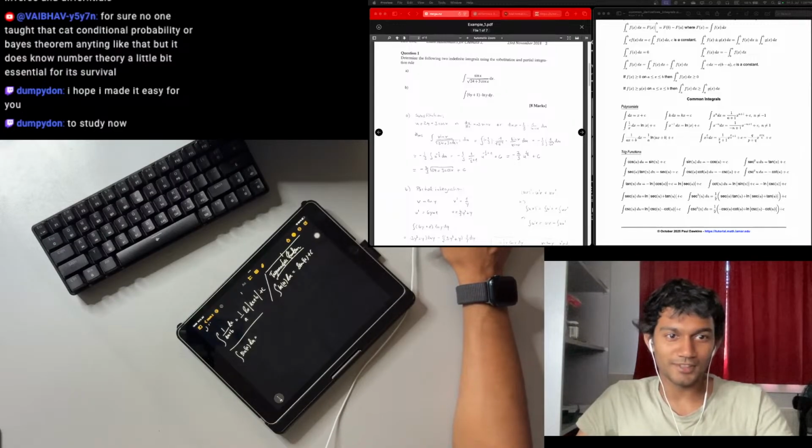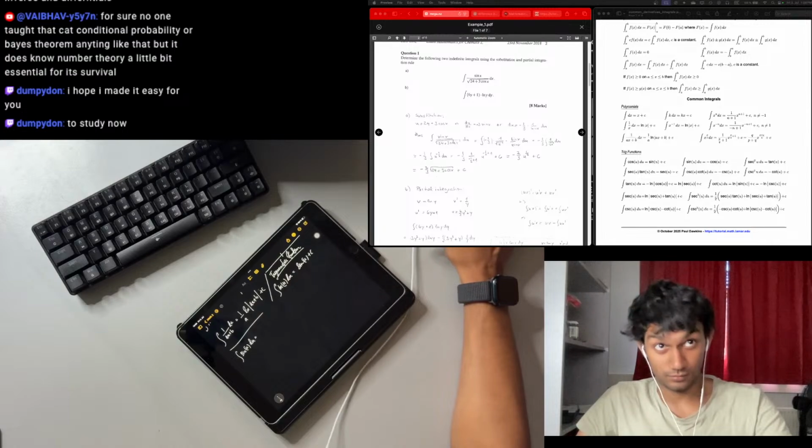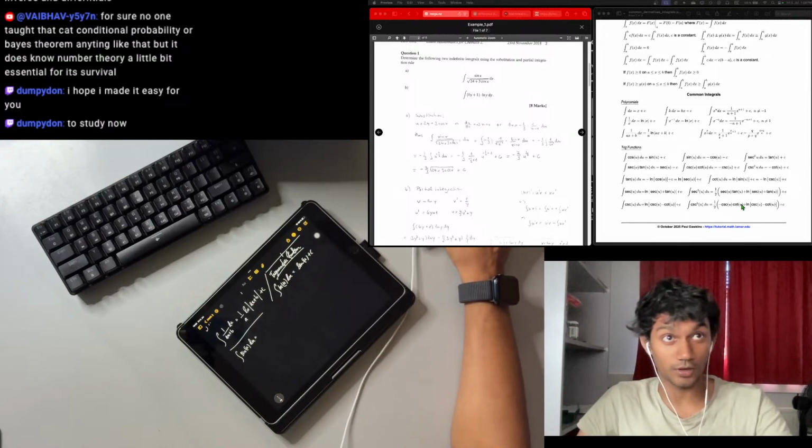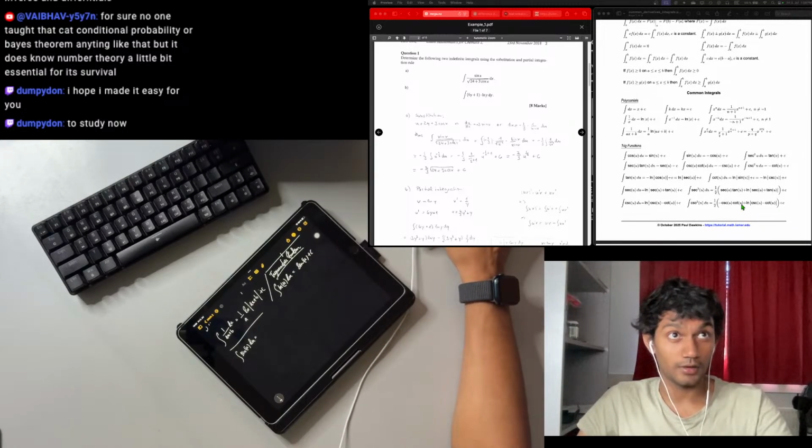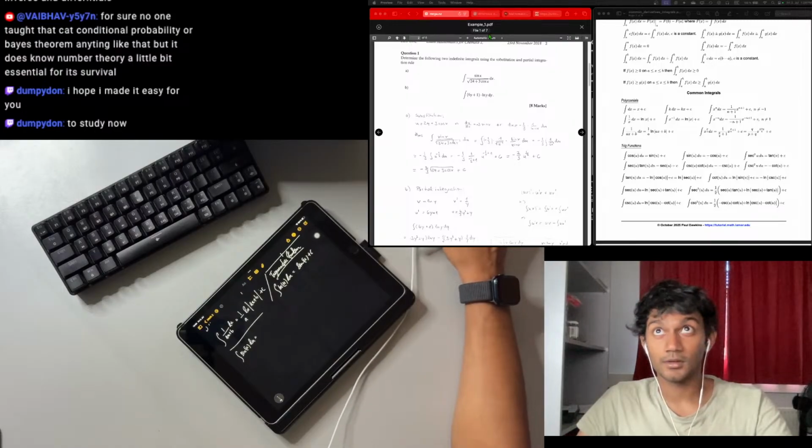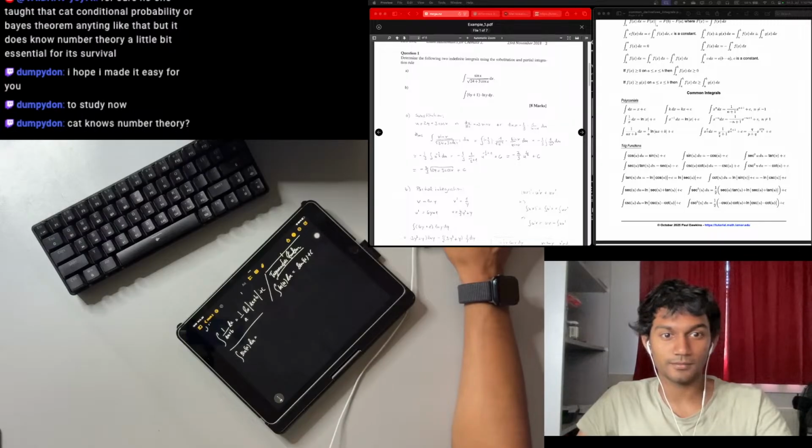Someone saying no one thought that a cat knows conditional probability or Bayes theorem, anything like that, but it does know number theory, a little bit, essential for its survival. Yes, I believe so. That's how it exists, right? That's how it moves. Cat knows number theory?